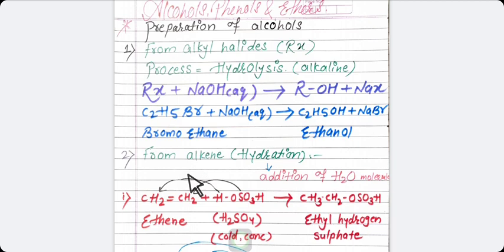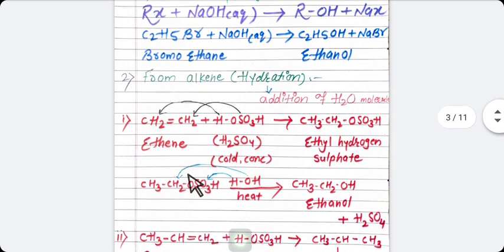Now the next method for the preparation of alcohol is from alkene. This method is known as hydration, meaning addition of water molecule. It is the industrial preparation of alcohol.